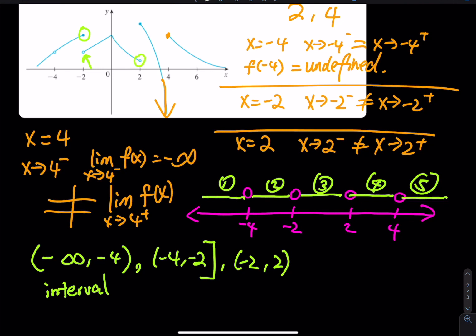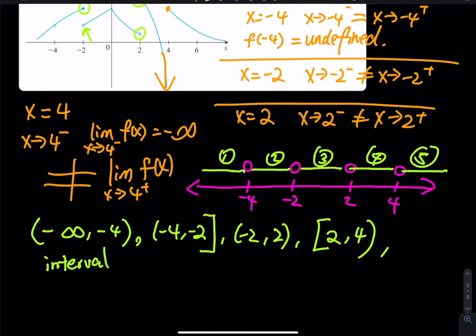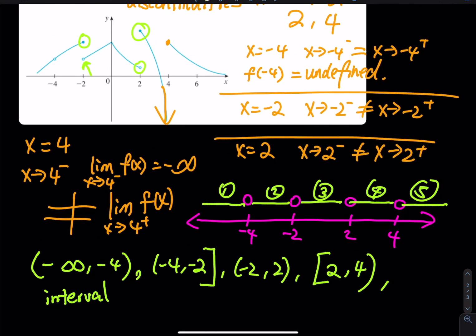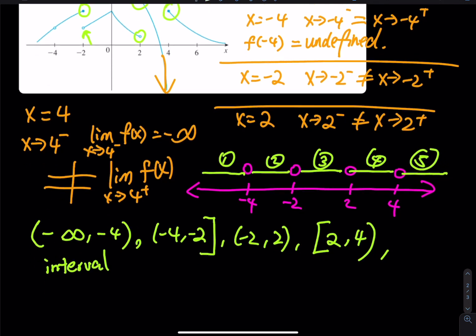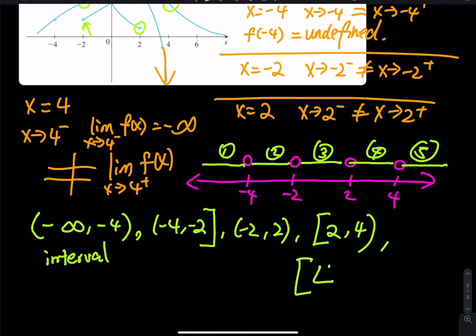And then the 2 on the right side is a square bracket, because this is a solid point. And then all the way to 4, we use an open parenthesis, because that goes down all the way. And then finally from 4, let me erase the orange dot to make sure that this is a solid circle, and then from past the 4 all the way to infinity.